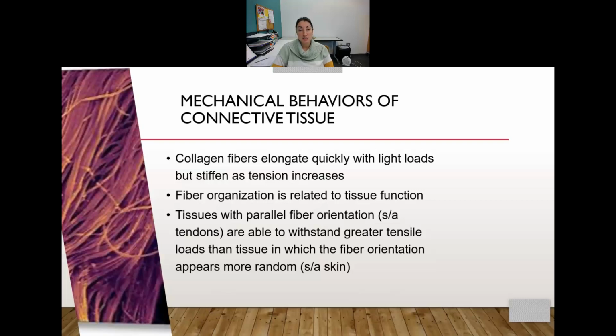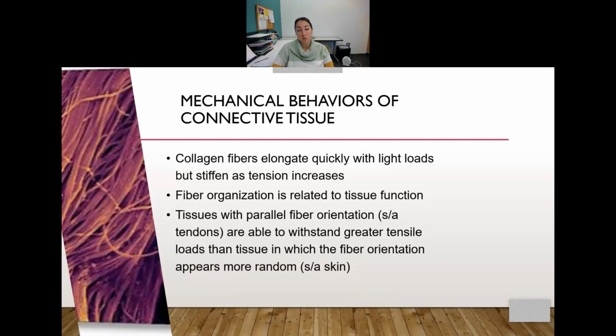The fiber organization is related to the tissue's function, so it's kind of similar to the muscle tissue surrounding it. Tissues with parallel fiber orientation, like tendons, are able to withstand even greater tensile loads than tissues in which the fiber orientation is more random, like skin.